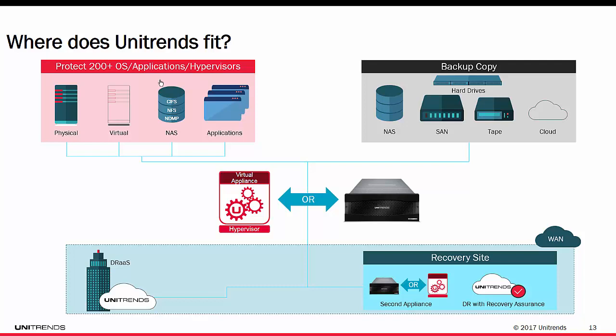We'll spin up those machines and test and verify that they can recover in an emergency scenario. Alternatively, if you don't want to pay for the costs, the property, the hours, the electricity, the cooling, and the frankly effort that goes into having a secondary location, Unitrends can be that secondary location.